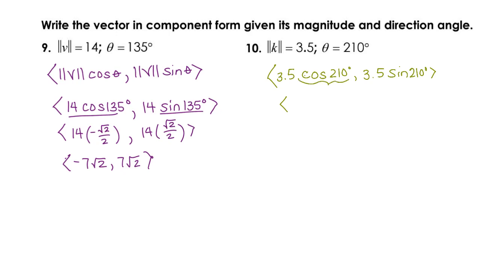The exact form of cosine of 210 is negative root 3 over 2. So we have 3.5 times, and then we have negative root 3 over 2. Oop, we need a comma there. And then 3.5 times, and then sine, the exact form of sine of 210 is going to be negative 1/2.